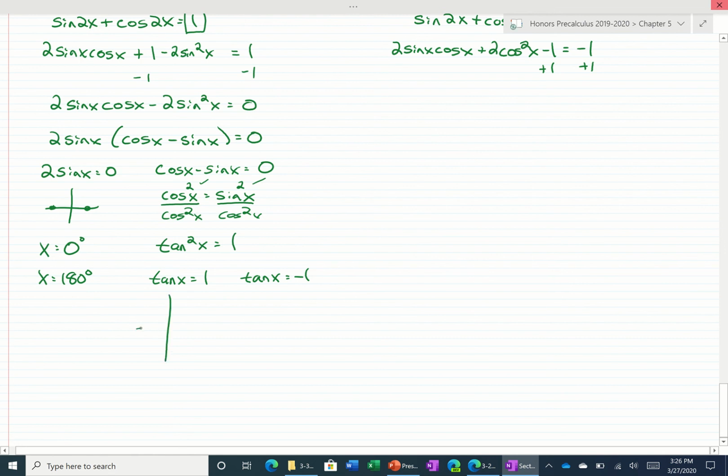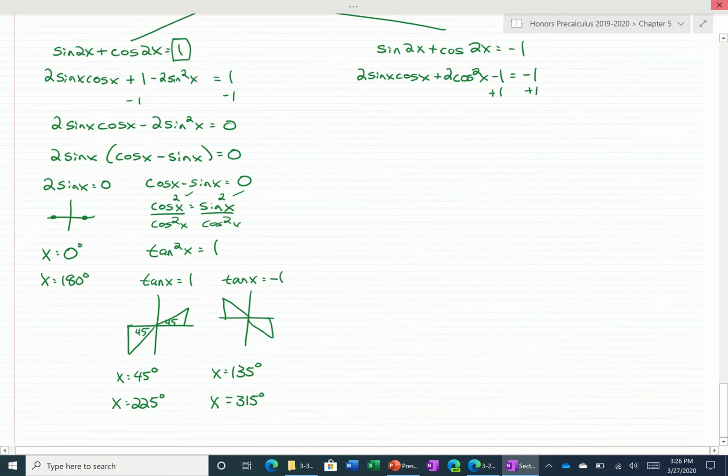Well, when is tangent 1? At 45 degrees and at 225 degrees. When is it negative 1? Well, in the quadrants where tangent's negative, that would be 135 and 315.